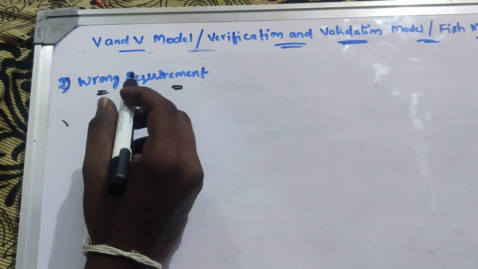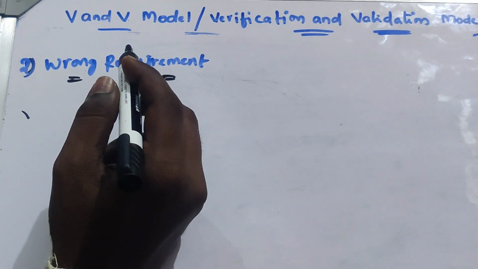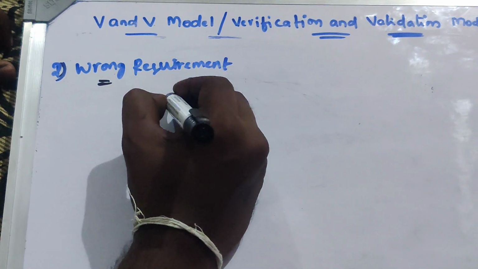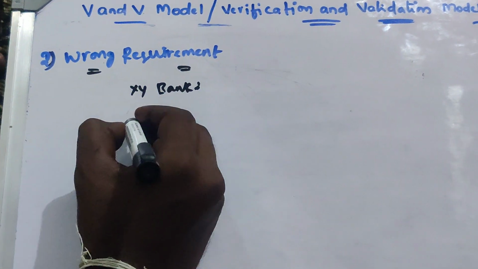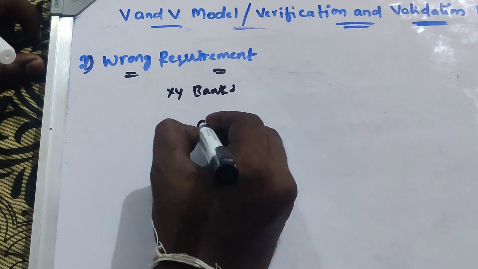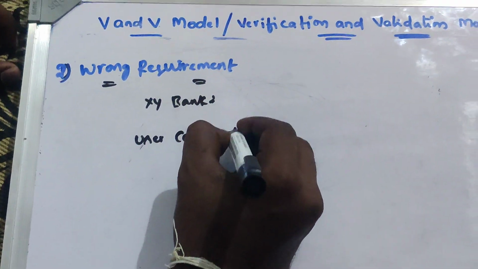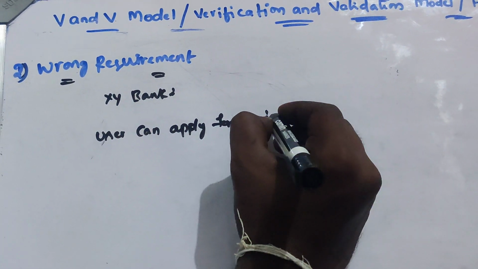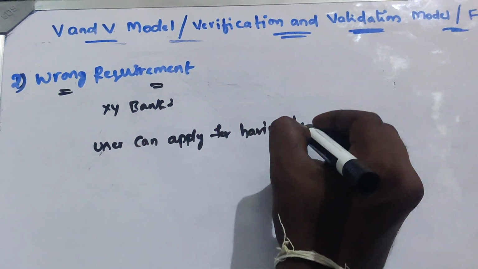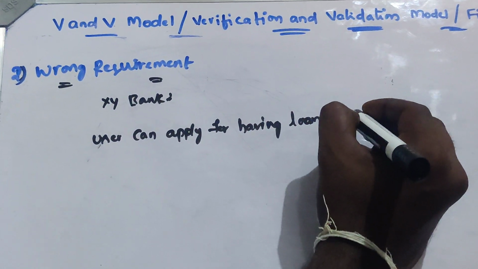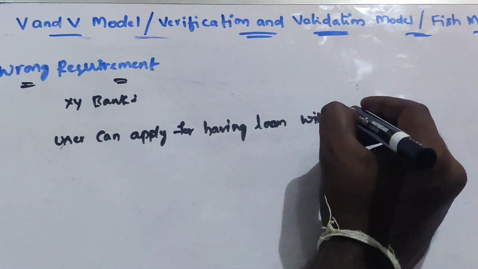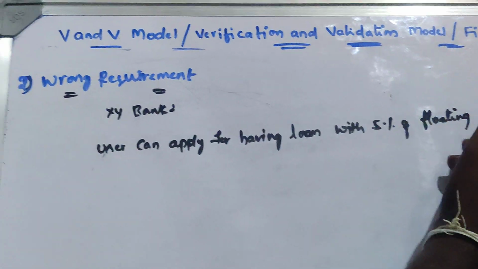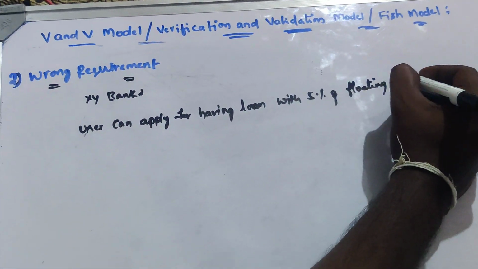Now you are going to see the second type of defect, that is wrong requirements. Now we can see a requirement given by the XY Bank: user can apply for a loan with 5% floating interest.